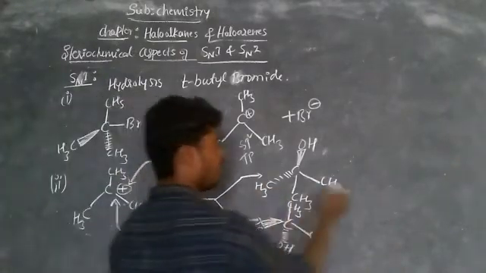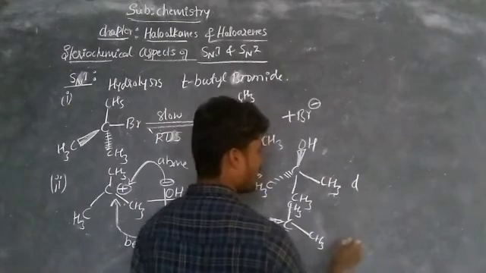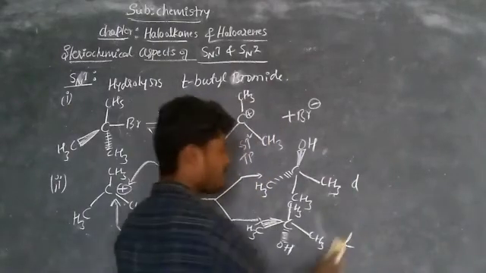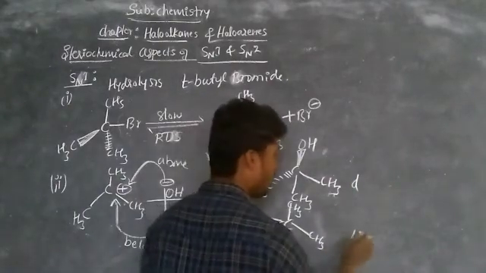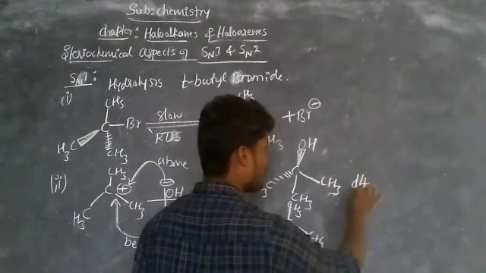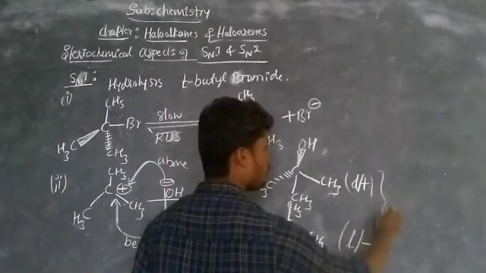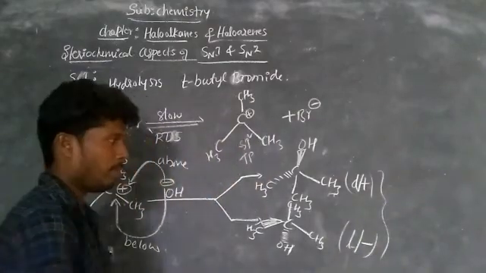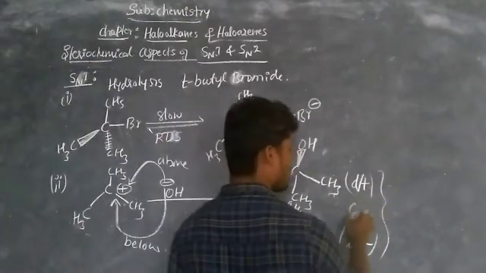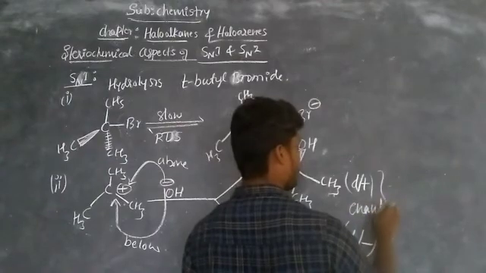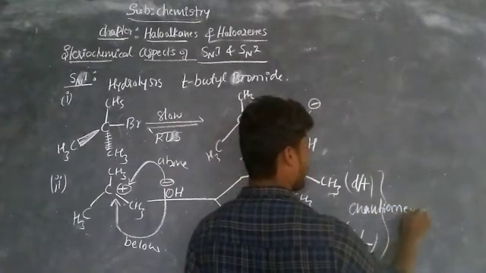Consider one is D and one is L. Please write a small l, don't write a capital N. One is D or plus and one is L or minus. The mixture of these two compounds is called enantiomers.